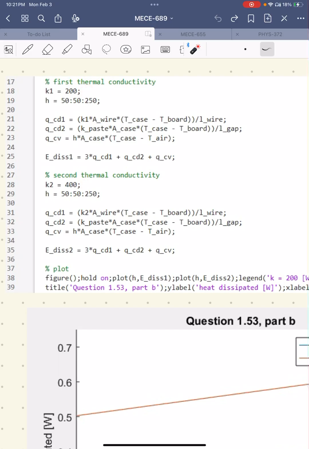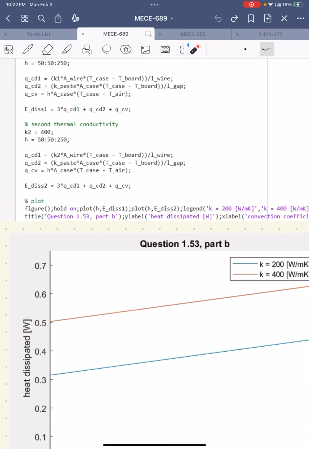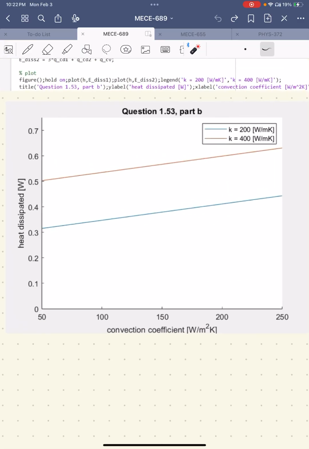And then I set h between the range, and I just incremented in units of 50 because they're linear plots. And I simply solve for each one of these variables and the energy dissipated when plugging in this vector for each of them. That way I was able to plot h by E dissipated 1 and h by E dissipated 2 to get this plot here.